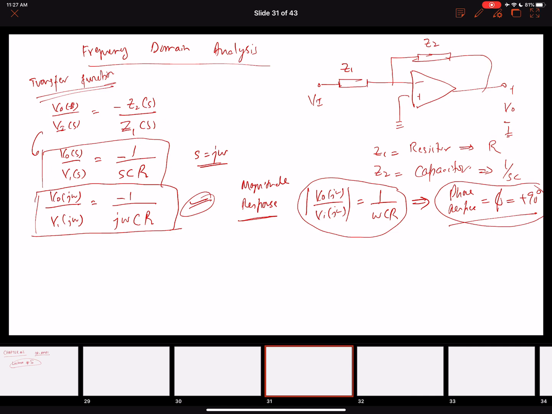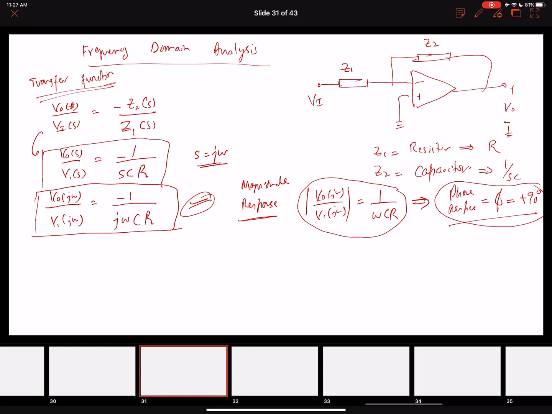Now I am going to plot the magnitude response, or the Bode plot. Let me do that on the other one. So, Bode plot of the magnitude response. The magnitude response was V naught of J omega over Vi of J omega equals 1 over omega CR.